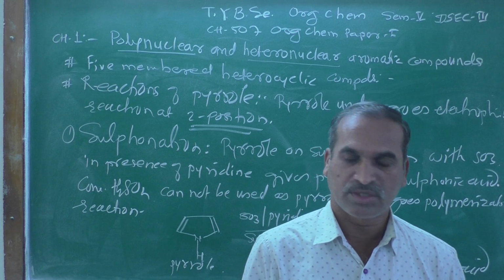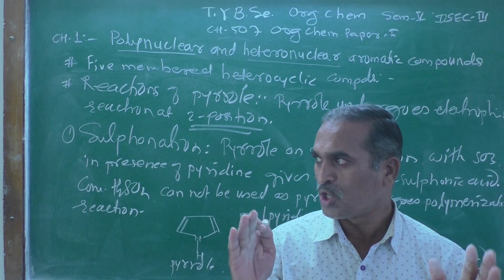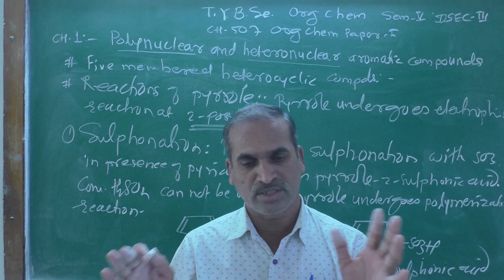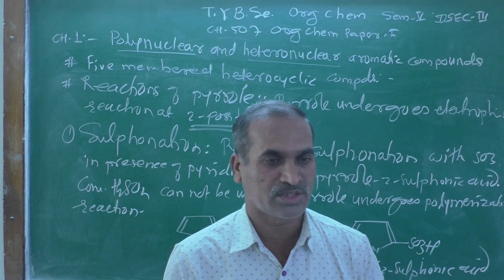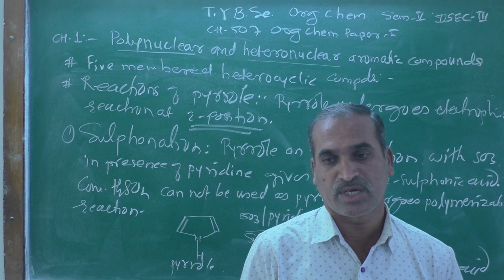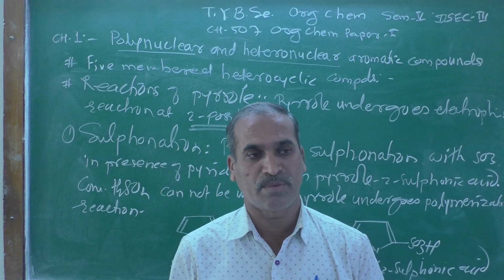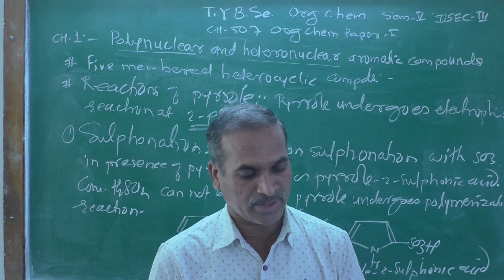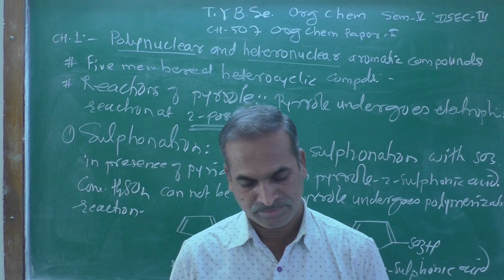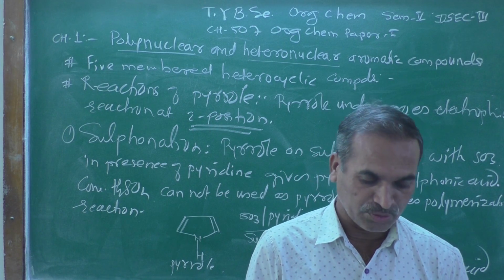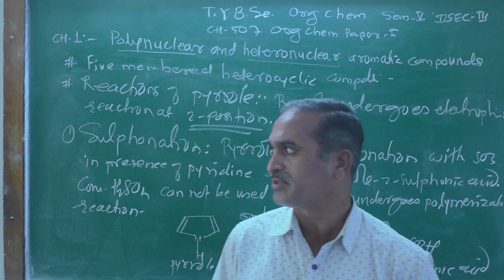Why 2 position? We drew the resonating or canonical structures, and from that we know that the transition state formed is the more stable one, and that's why we are getting the electrophilic substitution reaction at 2 position.